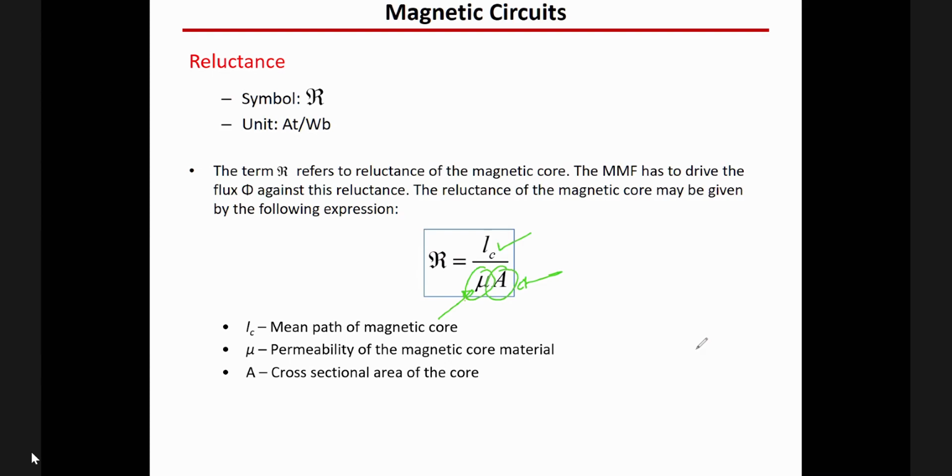For resistance, we have a similar equation, if you remember from physics: LC, A, and sigma. Sigma here is the resistivity of the material. Again, similar to mu, but for resistivity.